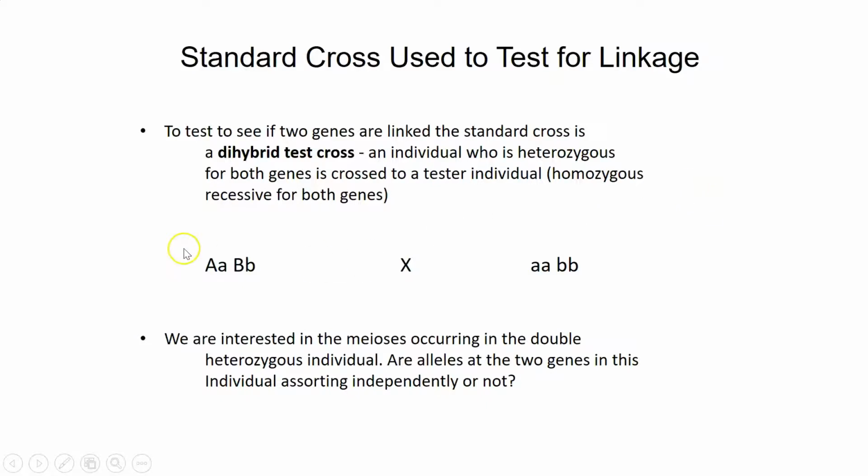In a dihybrid test cross, the tester individual is homozygous recessive for both genes, so it will not mask any of the phenotypes due to the double heterozygote. So we want to see what's going on in this double heterozygote during meiosis for genes that are linked versus unlinked.